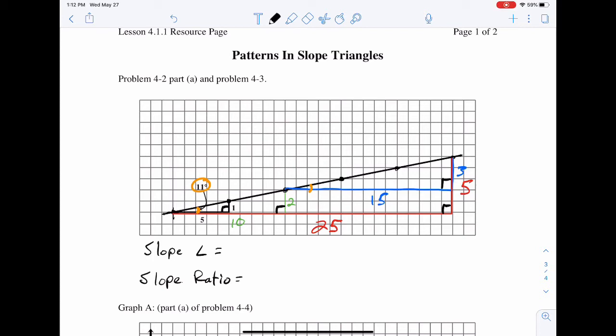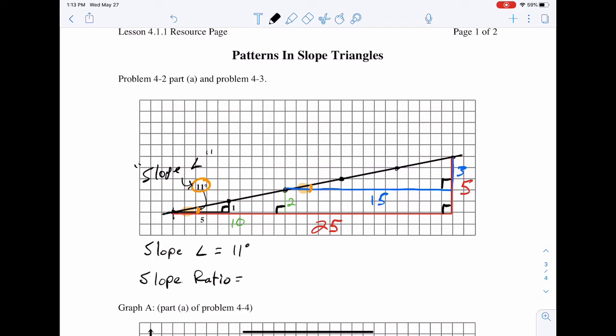So our slope angle is this bottom left angle of each slope triangle. And we'll go ahead and mark it here. And so our slope angle is 11 degrees.